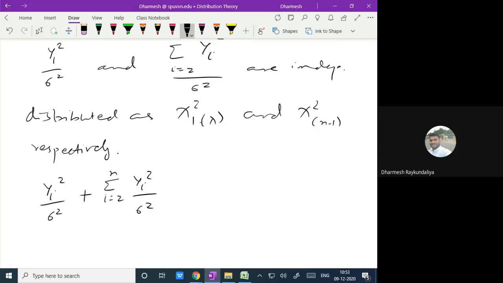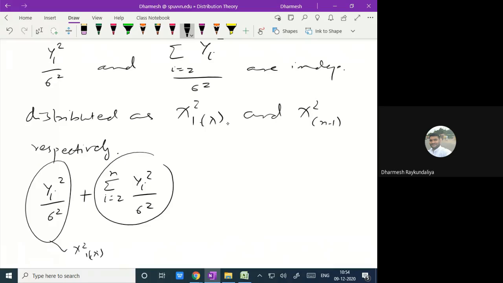Just yesterday's theorem: if x is non-central chi-square and y is chi-square with n degree of freedom, independent, then we have proved that x plus y is nothing but a non-central chi-square. So this is a non-central chi-square with 1 and lambda, independent of the chi-square with n minus 1.